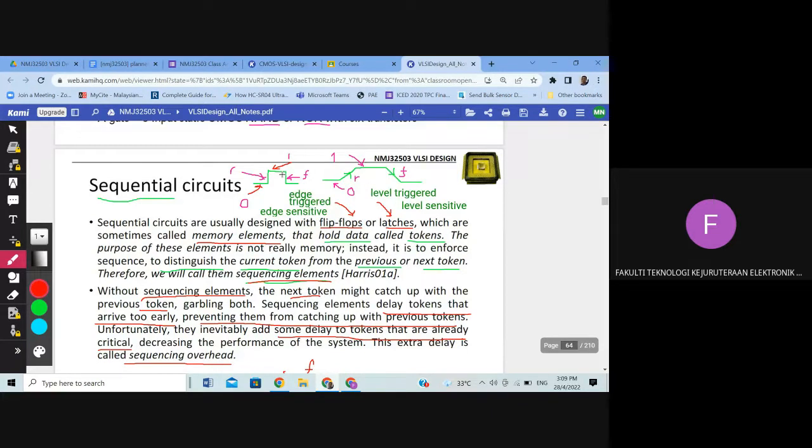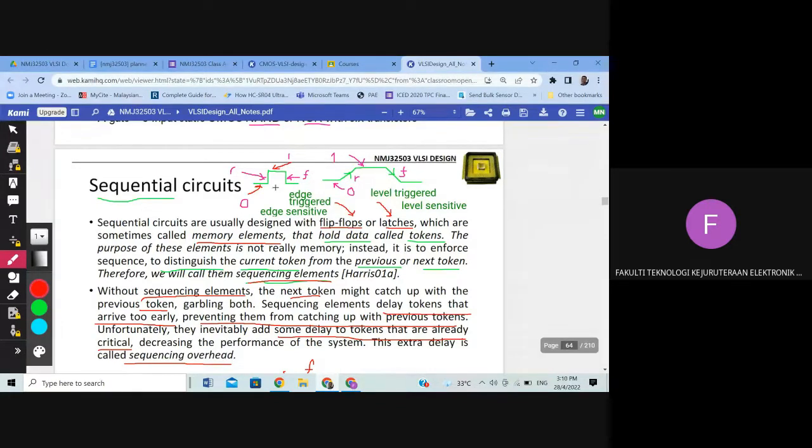For example, a flip-flop is based on the edge of the clock signal, either the rising edge, denoted here as R, or the falling edge as F. A latch is a level-sensitive device, a sequential element.